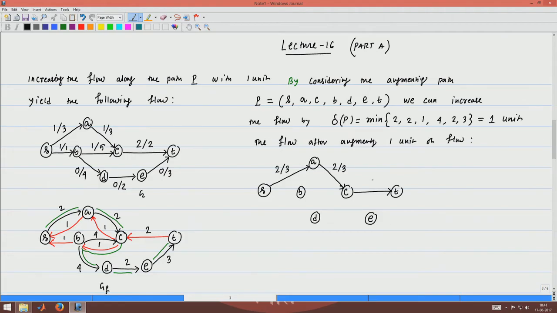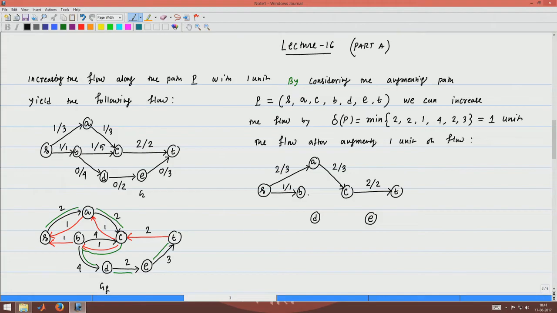There will be no change in the flow value, and similarly S B has no change because it was not involved in the augmenting path. The flow value will remain 1 and the capacity is 1.